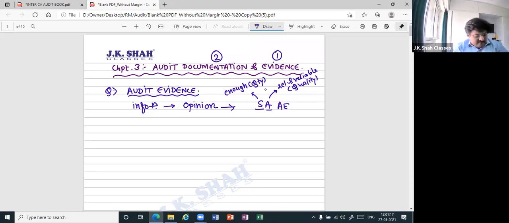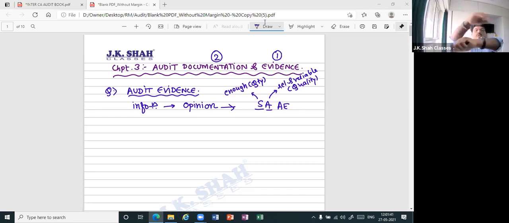So whenever the auditor wants to give an opinion, he requires information, which is known as audit evidence. It should be sufficient and it should be appropriate. Is it sufficient or appropriate or sufficient and appropriate? It is sufficient and appropriate. So it should not only be enough quantity wise, it should also be proper quality wise.